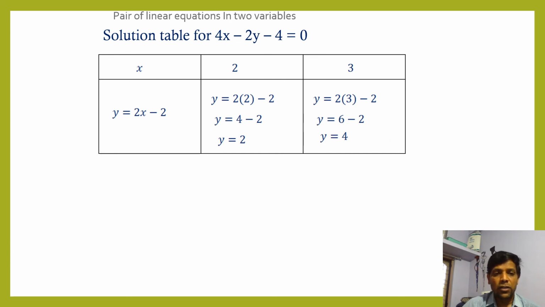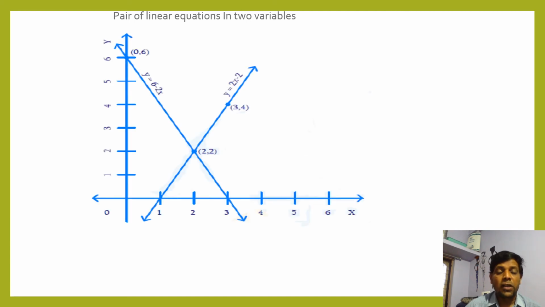Now we are going to the graph. Draw the graph. Plot the points: for the second equation, y equals 2x minus 2, the points are 2 comma 2 and 3 comma 4. For the first equation, the points are 2 comma 3 and 0 comma 6.